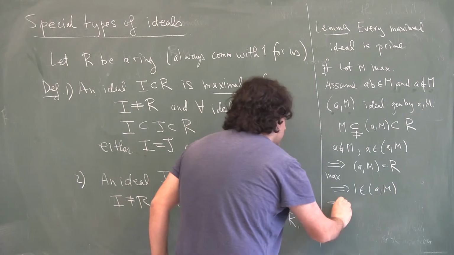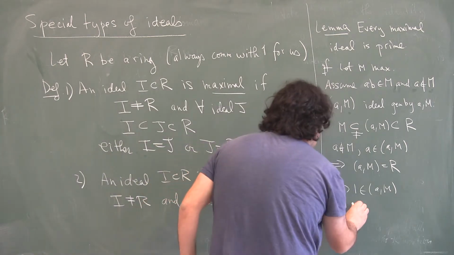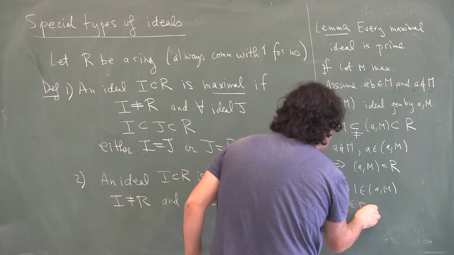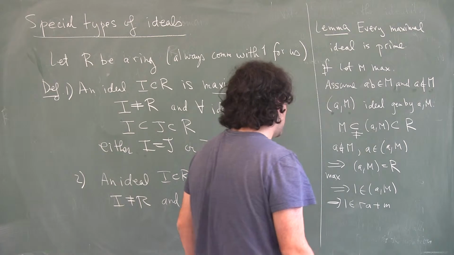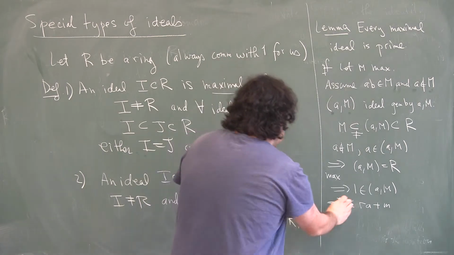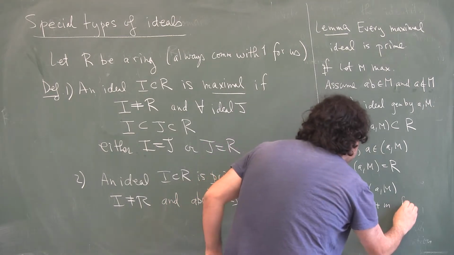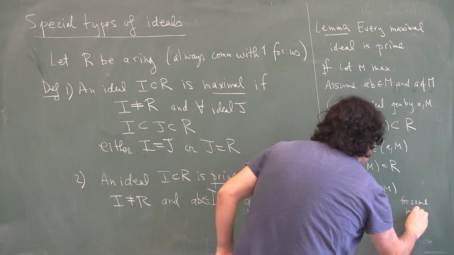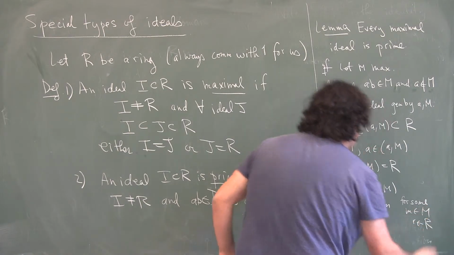Now, every element in the ideal generated by A and M can be written as a sum of some element of R times A plus an element of the ideal M. So 1 is equal to RA plus m for some m in the ideal and r in the ring.